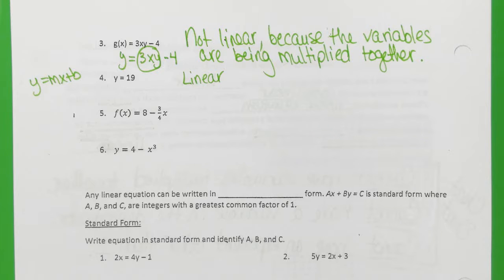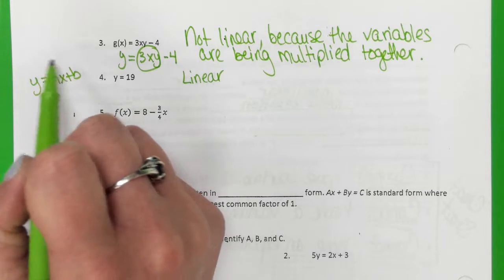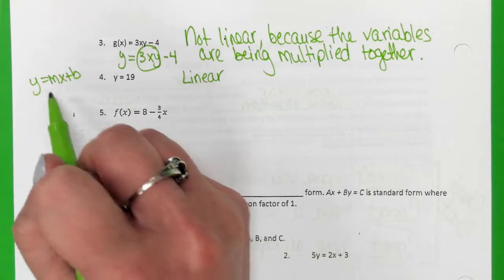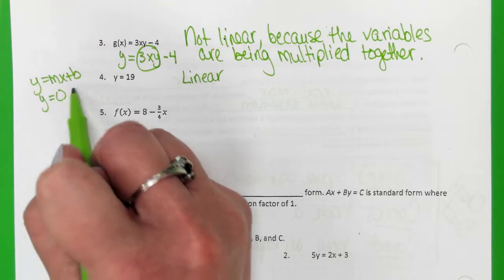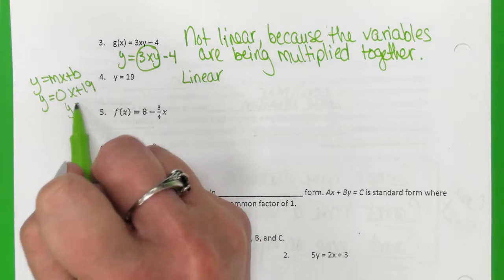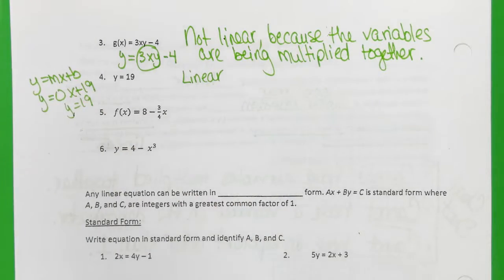The m? The slope is 0. Very good. So originally this was 0x plus 19, but that just reduced to y equals 19. Does that make sense to everybody? Basically, it'll just be a straight line, just like Madison said earlier.